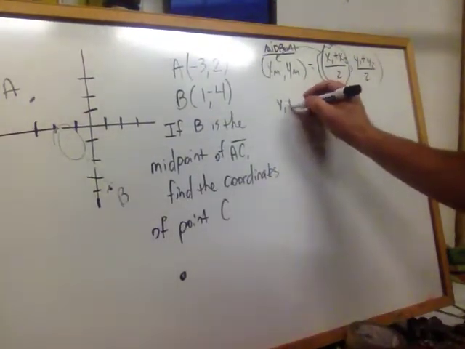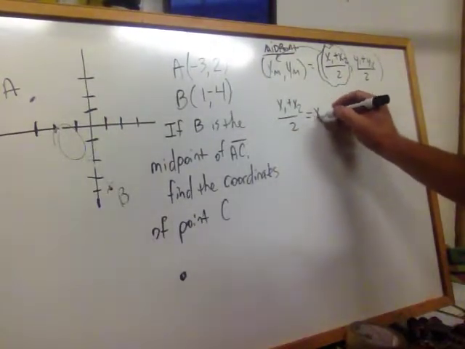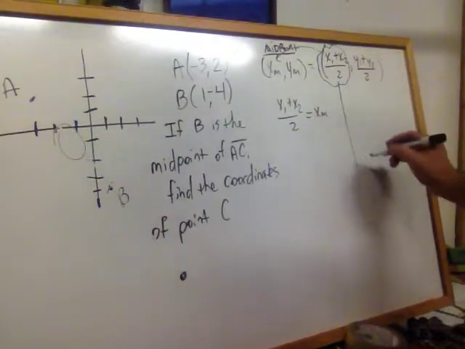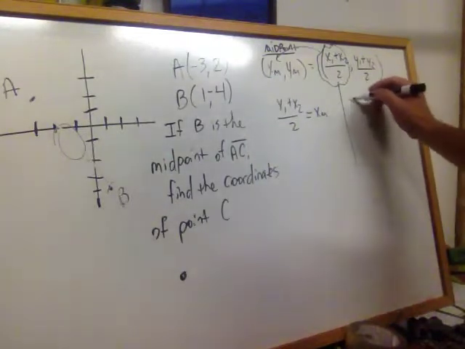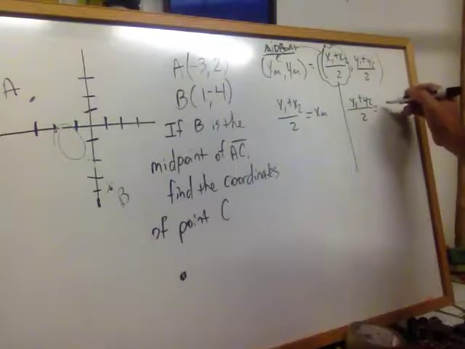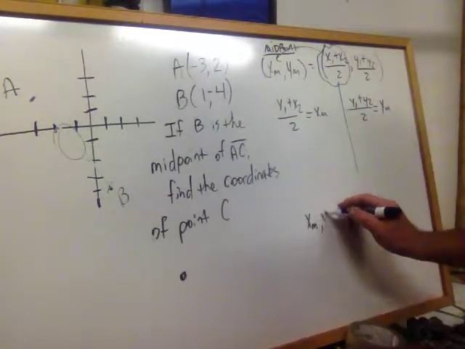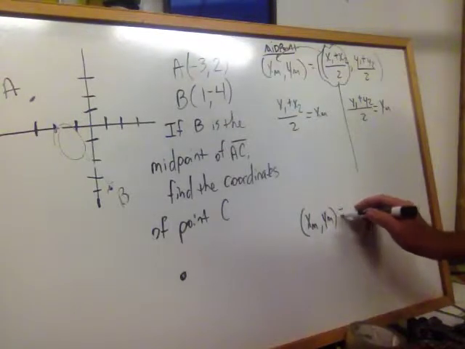The (x1 + x2) over 2 must give you the xm. And the (y1 + y2) over 2 must give you the ym. And down here, (xm, ym) is going to be your answer.